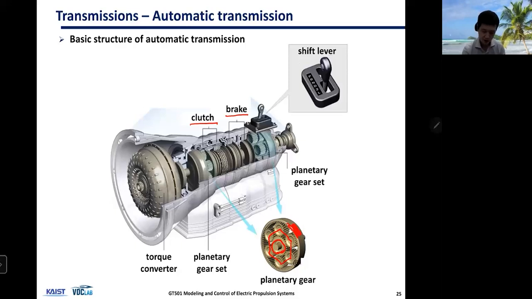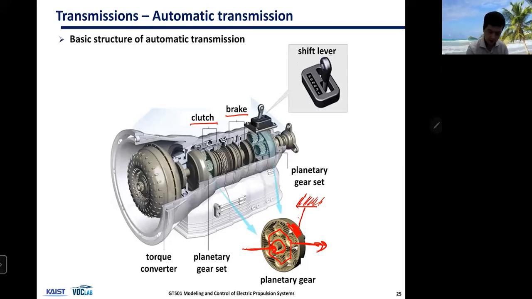So if you lock one component or one shaft, then the other 2 will be input and output. Let's say you use a brake to fix the ring gear, then there will only be a relationship between the sun gear and the carrier, which can be input and output, or output and input.